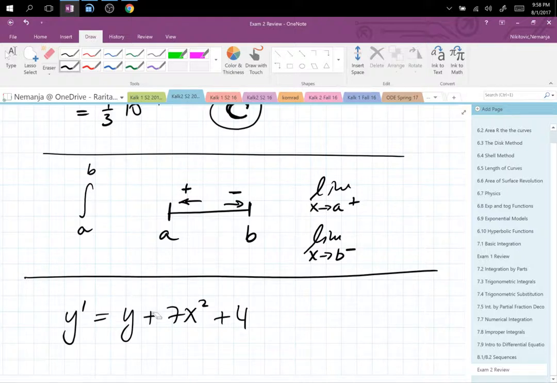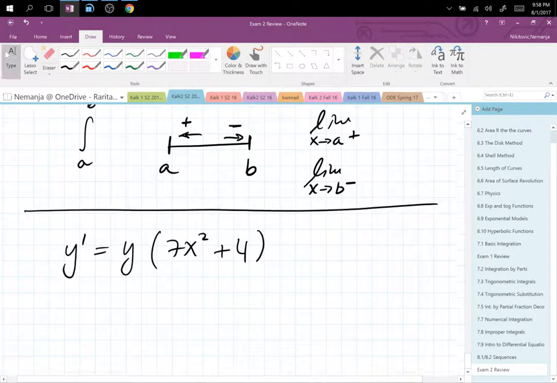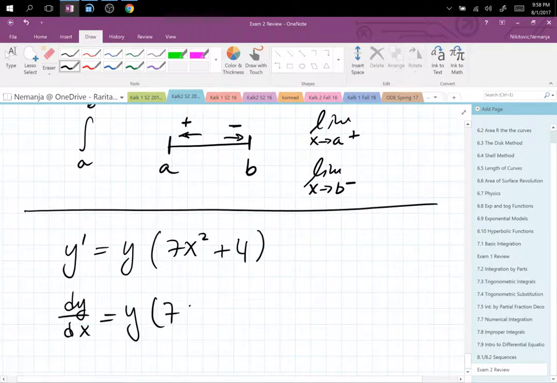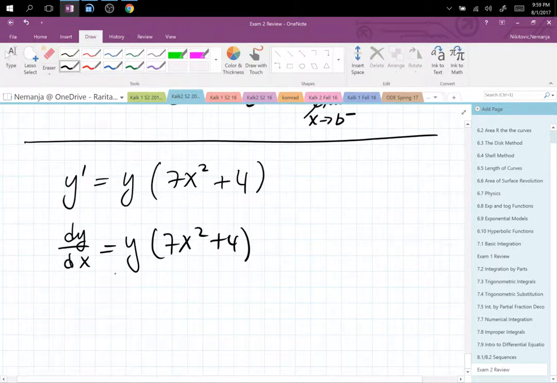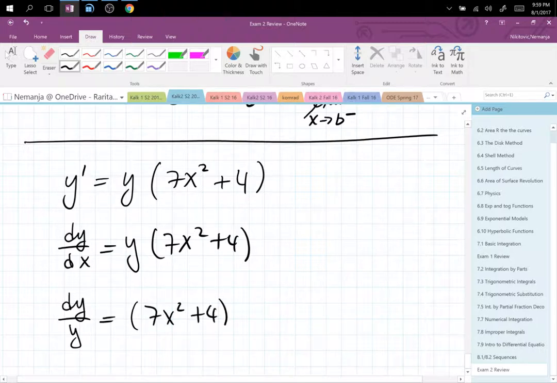Which makes this into separation of variables. So we have dy/dx is equal to y times 7x squared plus 4. And then we have dy over y is equal to 7x squared plus 4 dx.